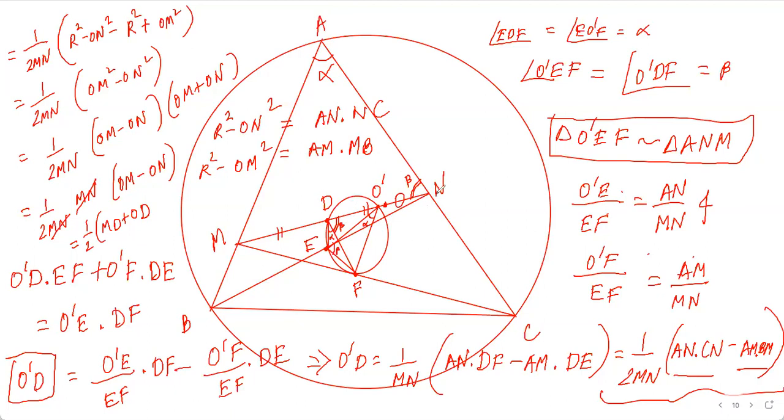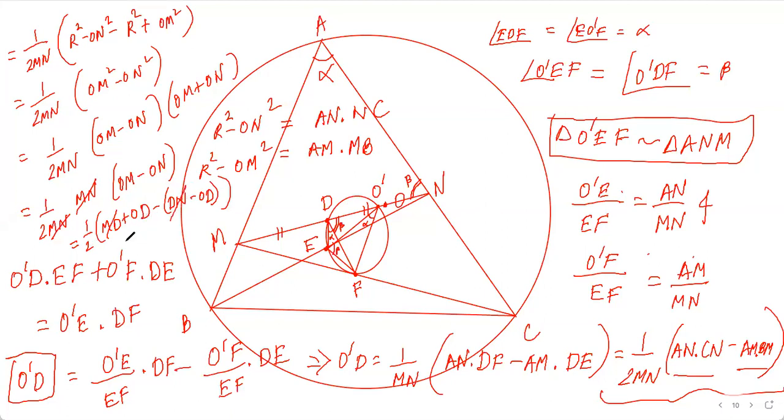So MD and DN are equal, they would basically cancel out, and I'll get 2 OD.